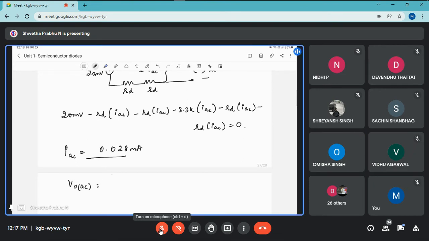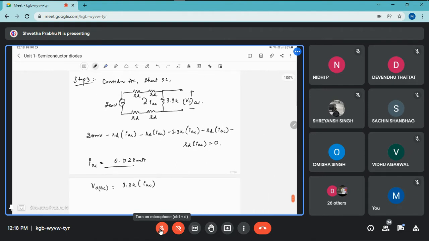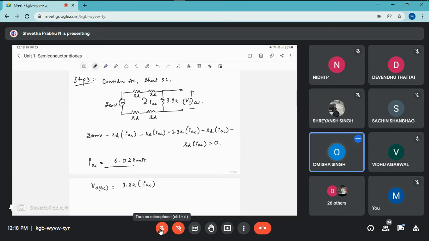In order to find the output voltage, it is only 3.3k multiplied by IAC. Across the 3.3 kilo ohm resistor only you are finding it, right? Why is 4 RD required? 4 RD is not required. Across which element are you going to find the output voltage? Only the drop across that particular element you consider. That is sufficient.